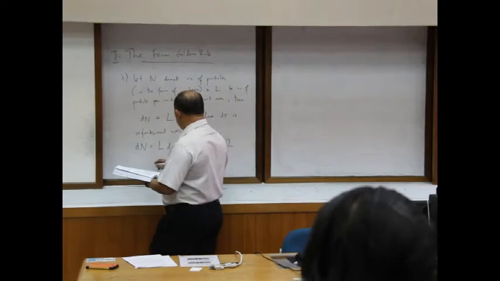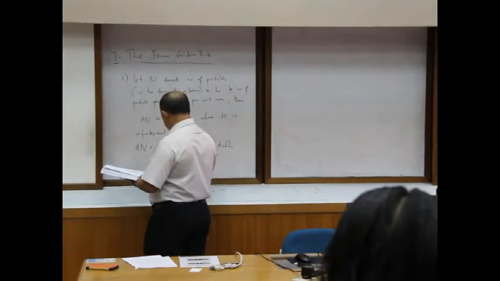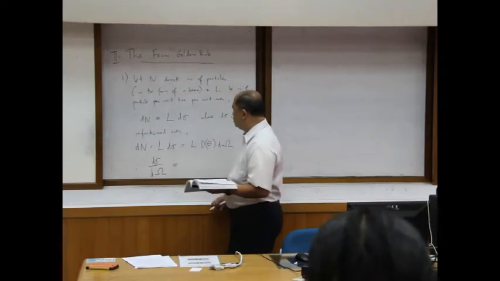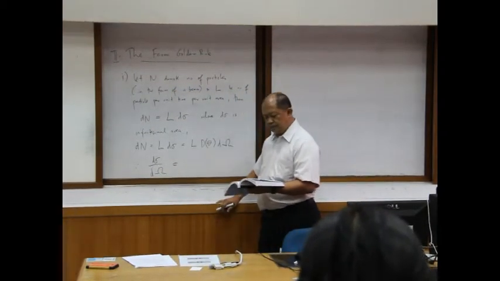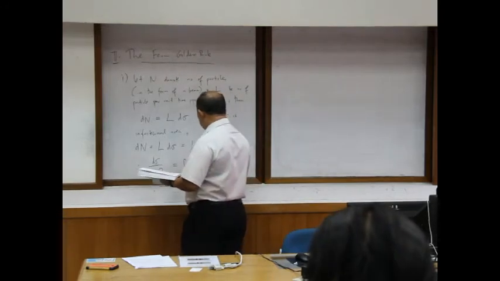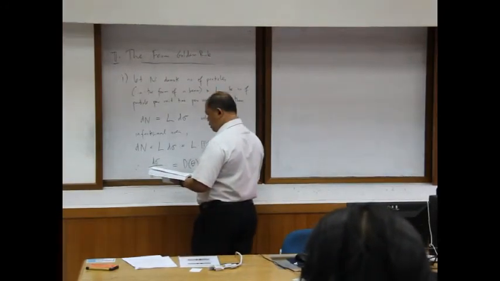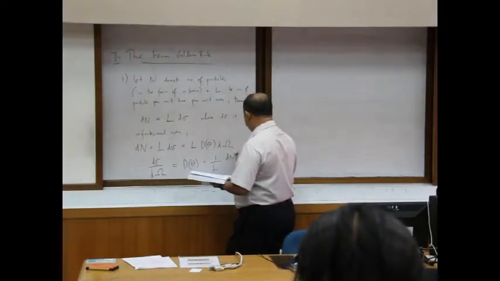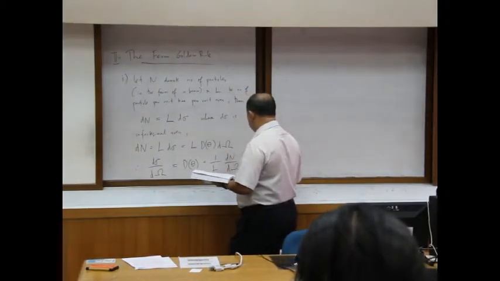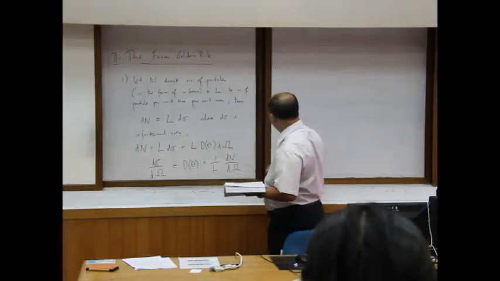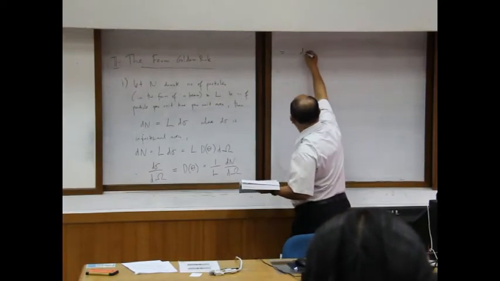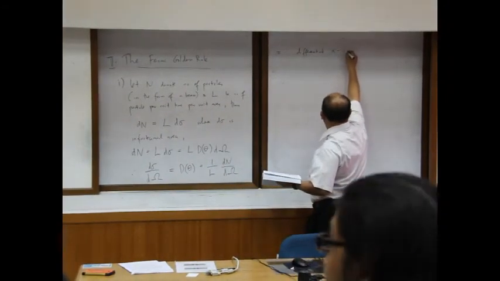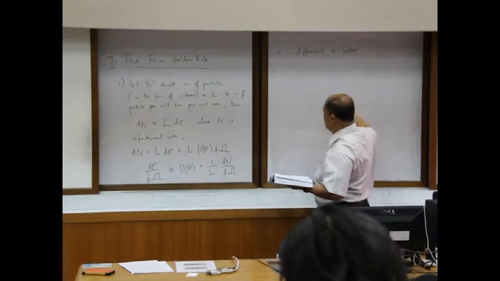So you will see that therefore d sigma d omega is called the differential cross section. It's called d theta, and this is 1 over L and d omega. So this is called the differential cross section, which you read in advanced physics.